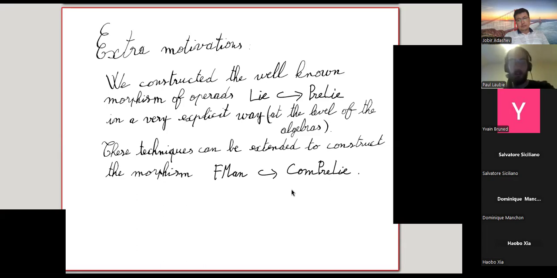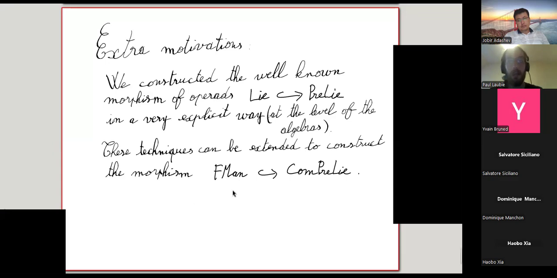So Lie algebras historically were introduced to encode the algebraic structures we get on a vector field of a smooth manifold. And the F manifold operad will exactly encode the algebraic structures we get on the vector field of a Frobenius manifold.